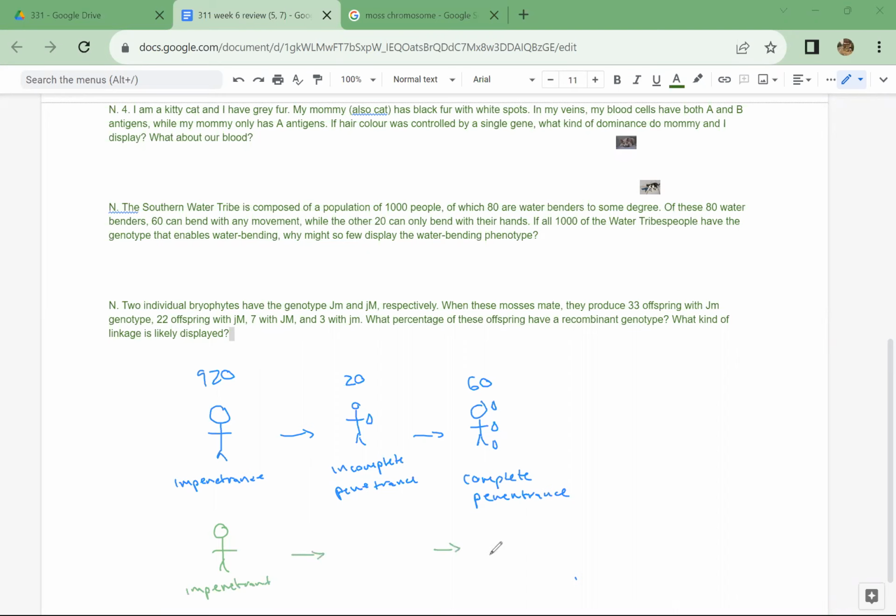The complete penetrant condition of that would be if you could grow a third arm that you could wave around and carry objects with. And the incomplete penetrant would be if you just had a little nub of a third arm. So you expressed, in a limited manner, the gene that allows you to grow a third arm, but not all the way, not in the entire manner in which you'd expect.